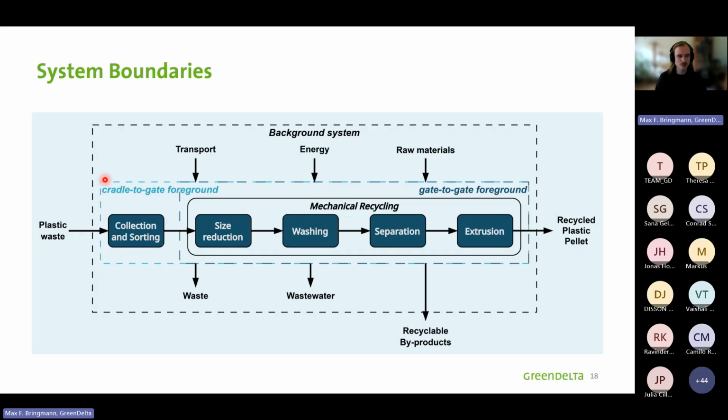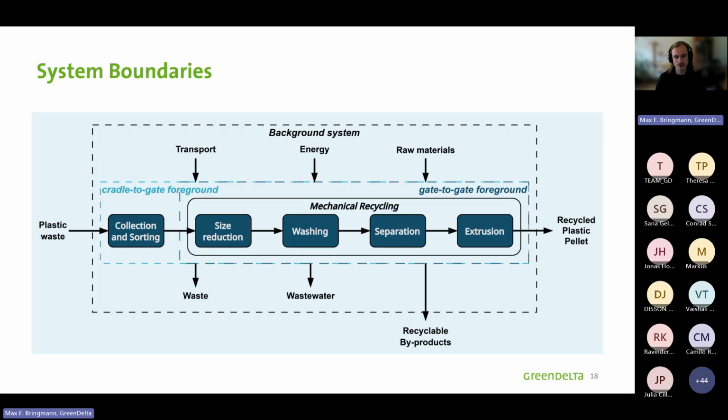But we also have a cradle-to-gate system boundary, which encompasses both the recycling processes that happen on site, but also the previous collection and sorting that, as I mentioned, we modeled based on a secondary source. You can also see here that for inputs to these processes, such as transport, energy production, energy conversion, or raw material provision, we used a background database. In this case, it would be EcoInvent, that we connected and therefore created a supply chain here.